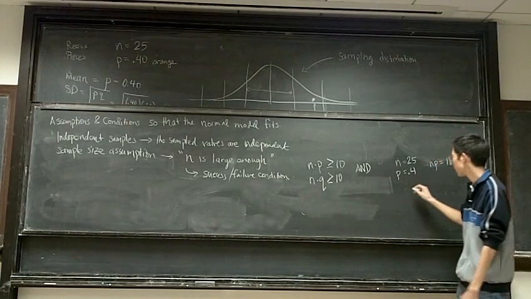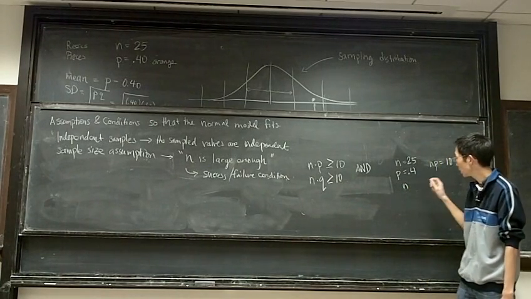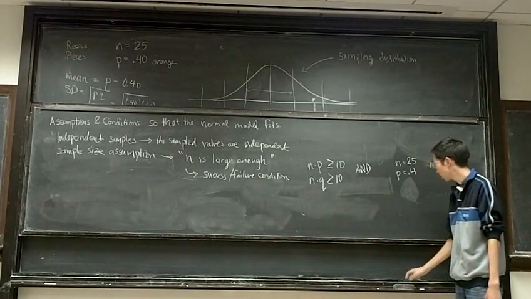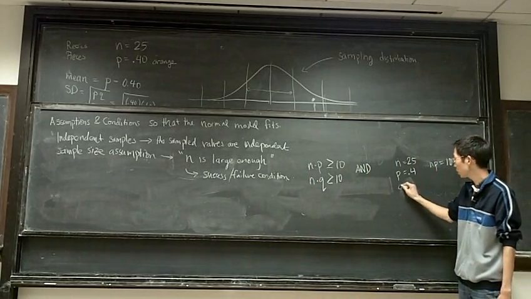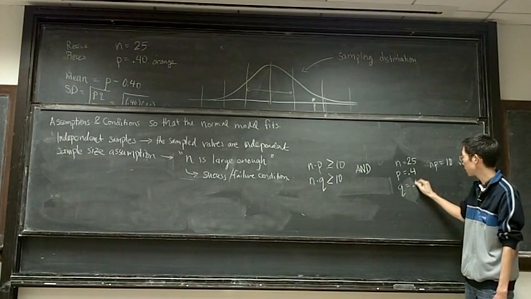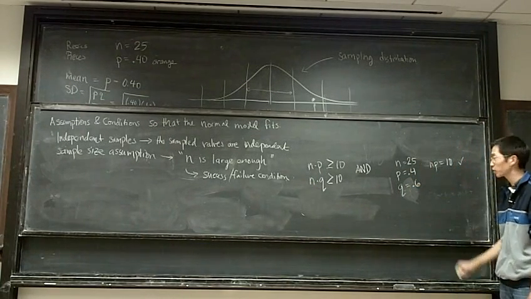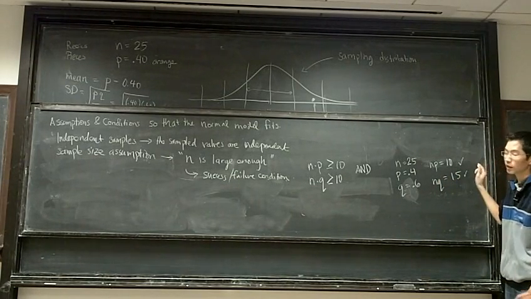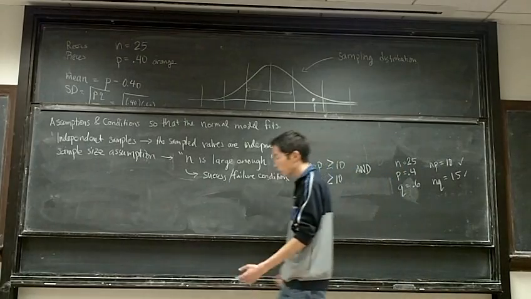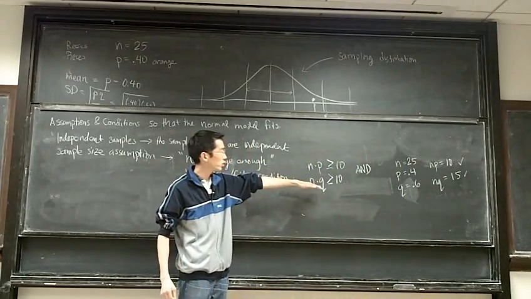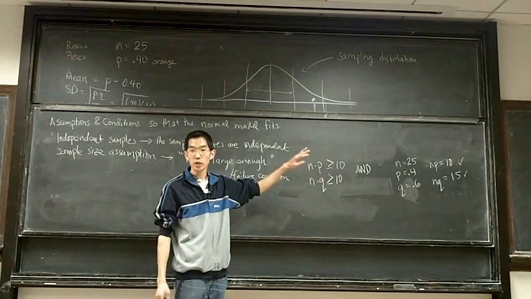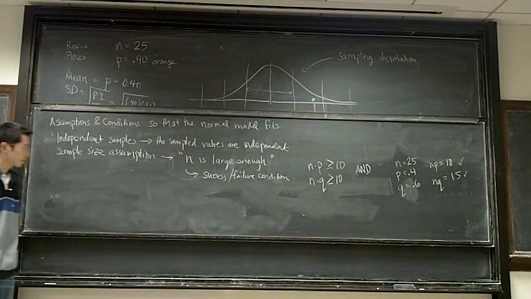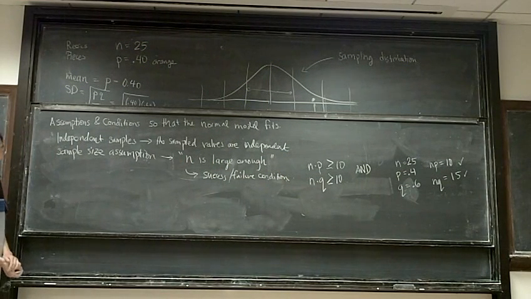Over here, we have n times q greater than or equal to 10, so we also have to check that. n is 25, q is 1 minus p, or 0.6. So 25 times 0.6, n times q is equal to 15, and that's also bigger than 10. In that case, both np and nq are at least 10, so our success/failure condition is met.